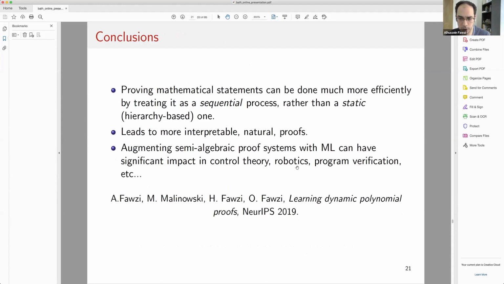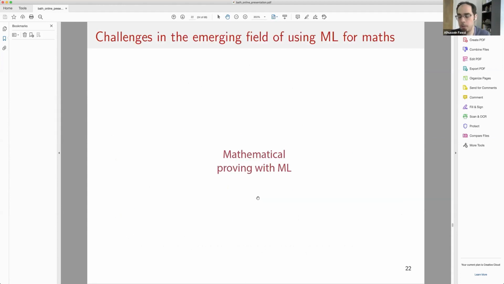So these are the conclusions, more details in the paper, but I just want to end with some of the lessons that I took from this project, and what the difficulties are in the emerging field of using machine learning for mathematics. The main difficulty is really data generation.